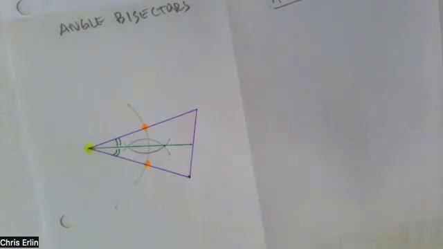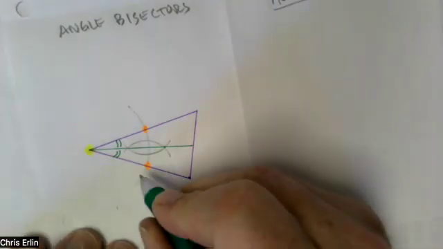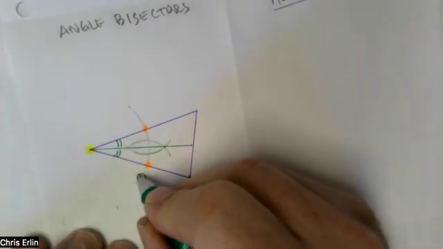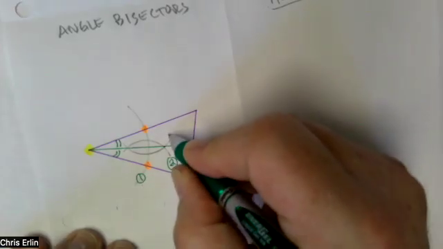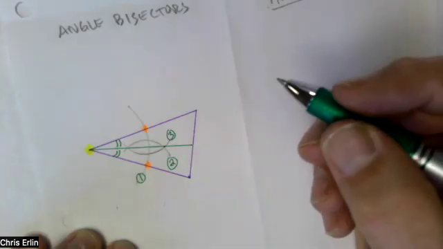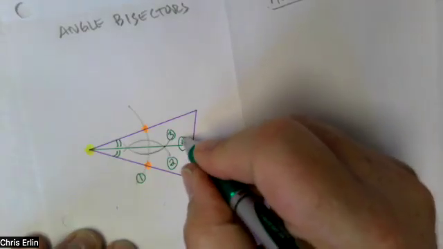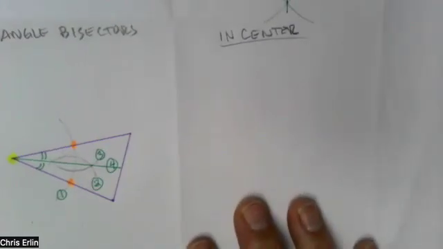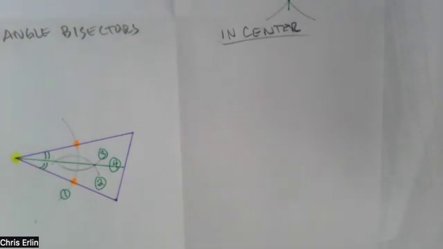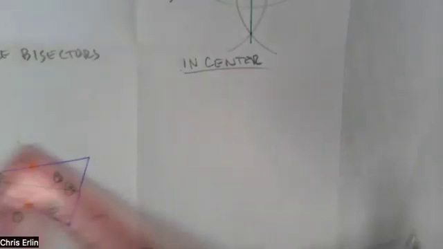Sometimes it's helpful to label your picture in a way that reminds you later how to do this. Like, for example, say 1, this is what we do first. 2, this is what we do second. 3, this is what we do third. 4 is to draw the angle bisector. All right, let's now build the incenter, which is the same thing, just done to all three angles.